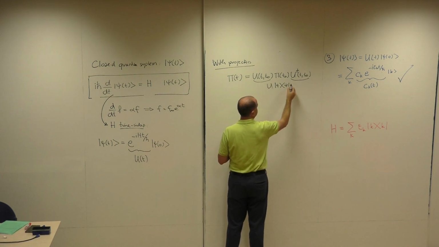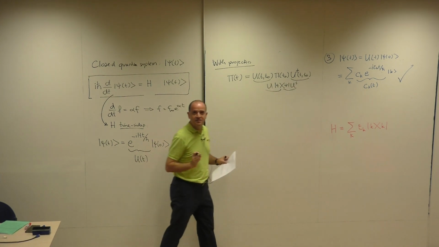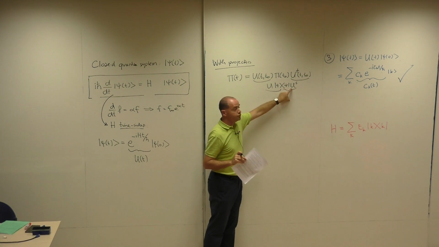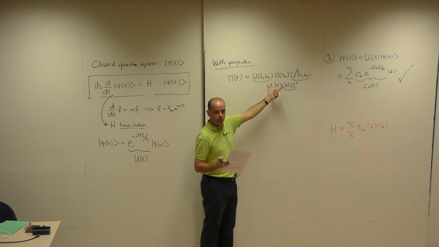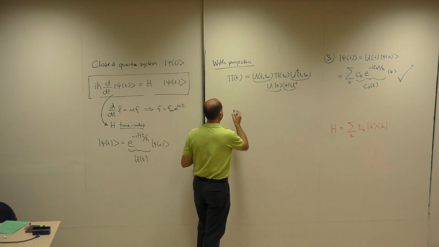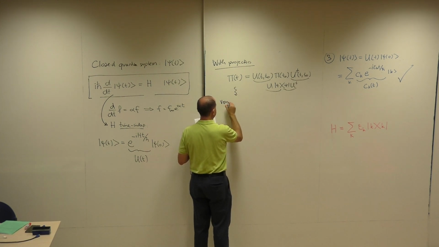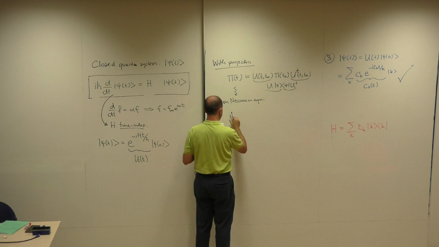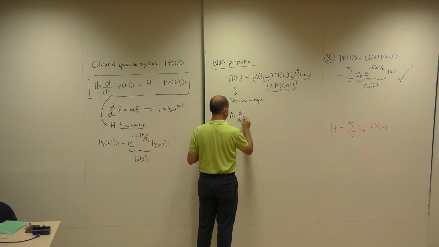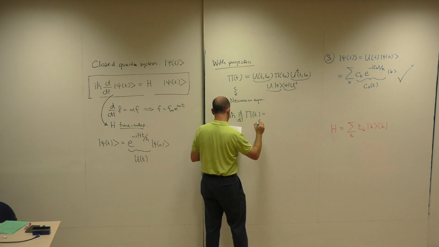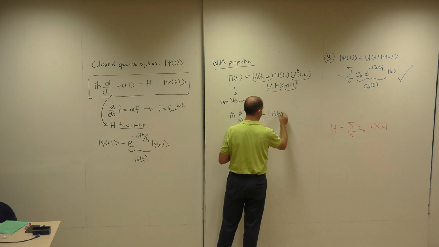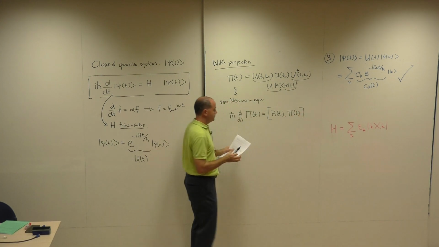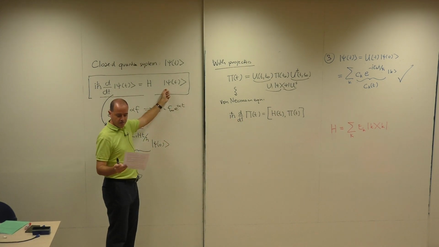The evolution of psi is U, so this one, there's nothing mysterious there. So the ket psi evolves with U, the bra psi evolves with U dagger, and the projector will evolve again with U dagger. And the differential version of this is called the von Neumann equation, which is i h bar d over dt of the projector is the commutator with the Hamiltonian of the projector. Again, this is exactly this when written with a projector.